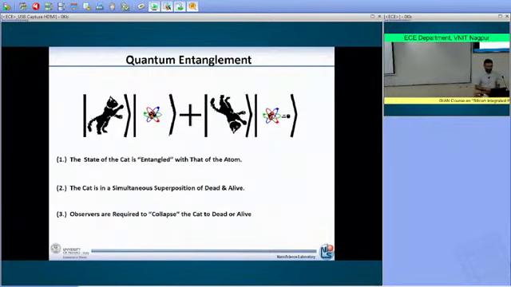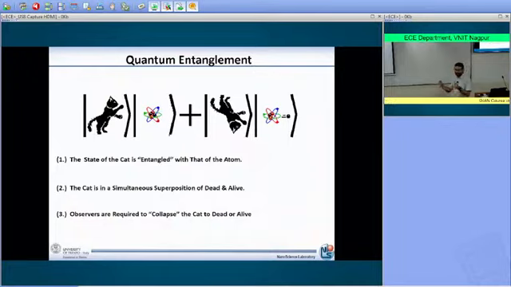So if we go back to the Schrödinger cat, this is the way that we write the wave function that describes what is happening inside the box. We have an entangled state between the cat and the atom, where we have a superposition of a two-particle state.